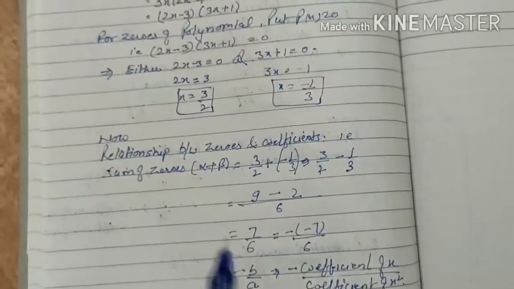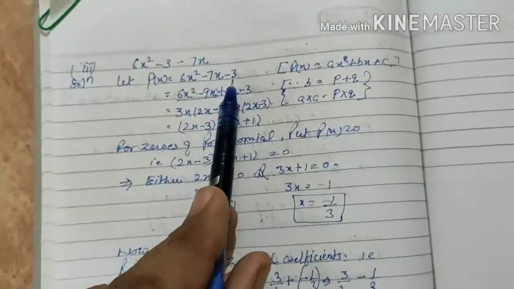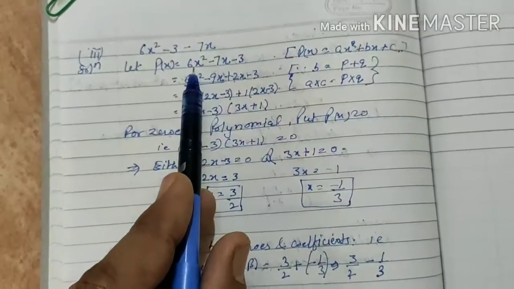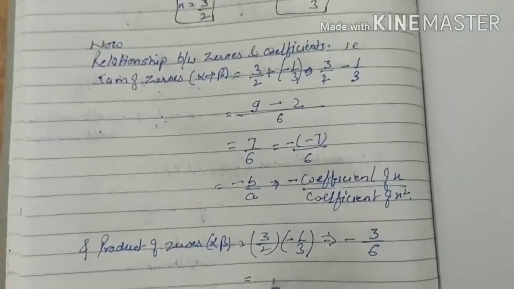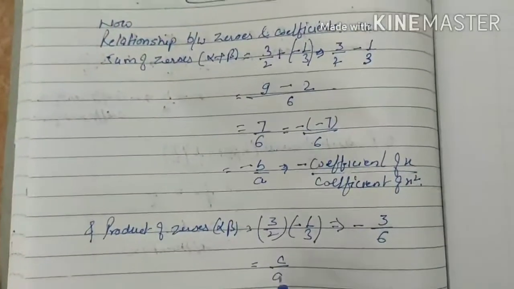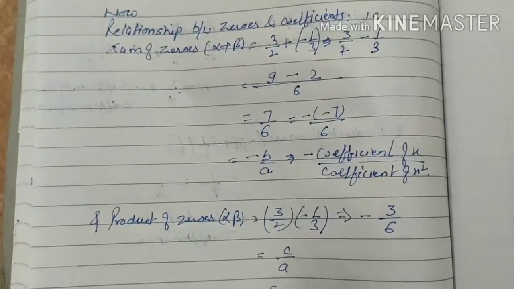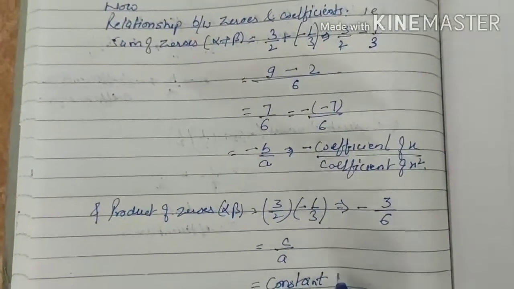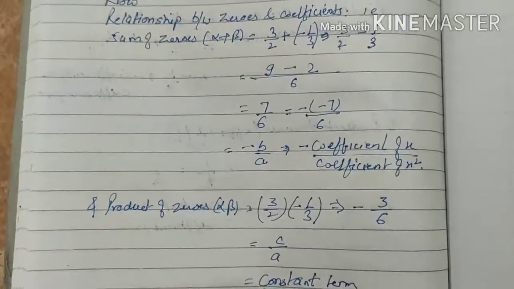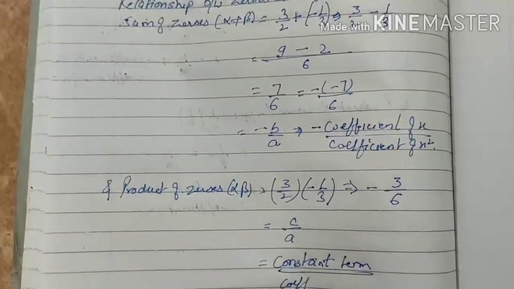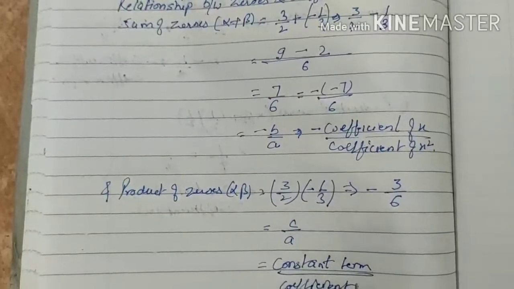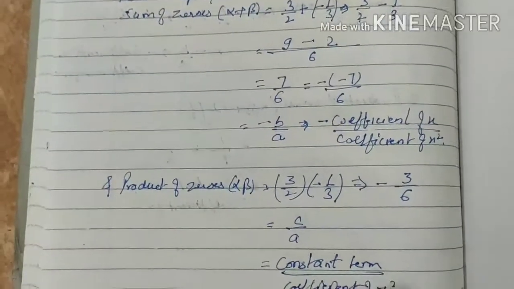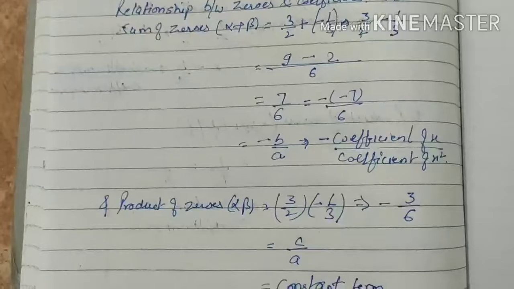From the given polynomial you can see minus 3 is c and 6 is a. So c is the constant term and a is the coefficient of x square.